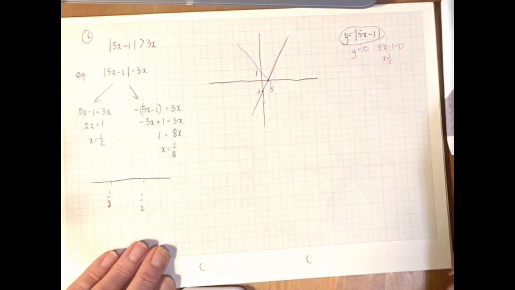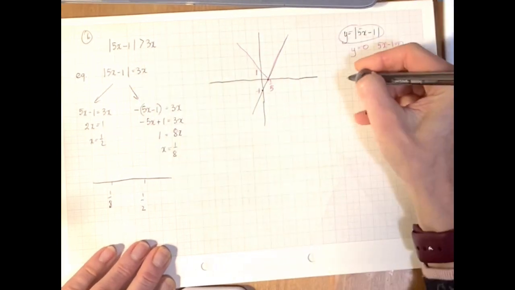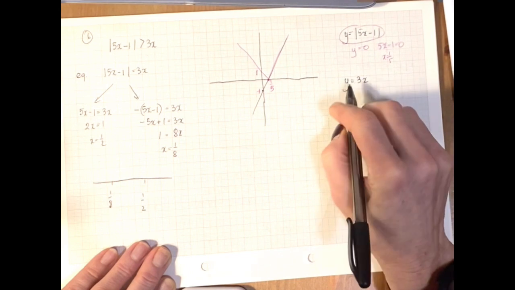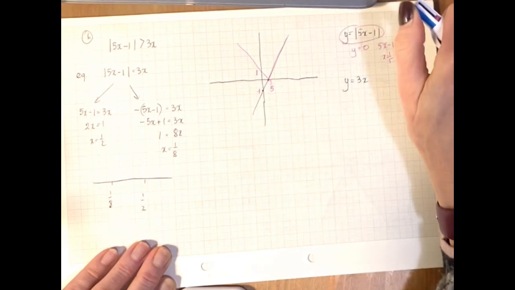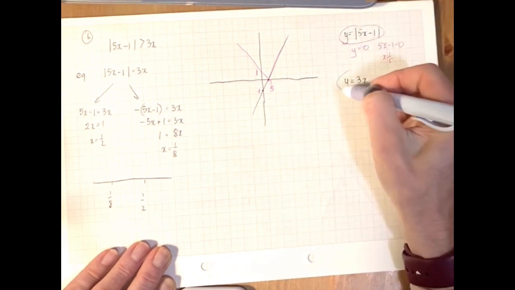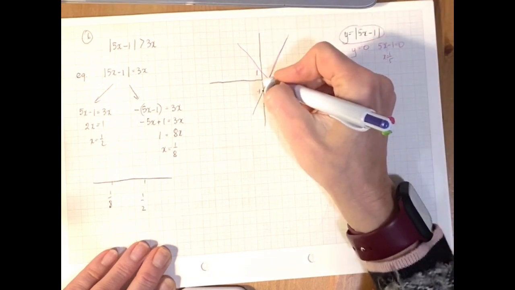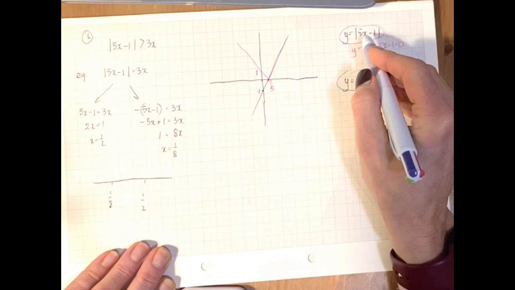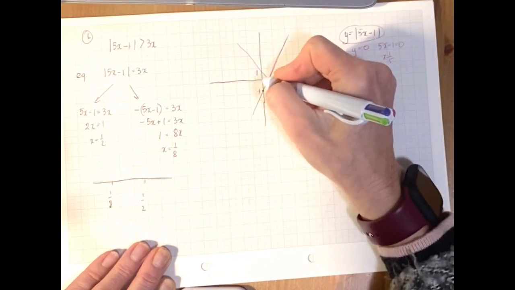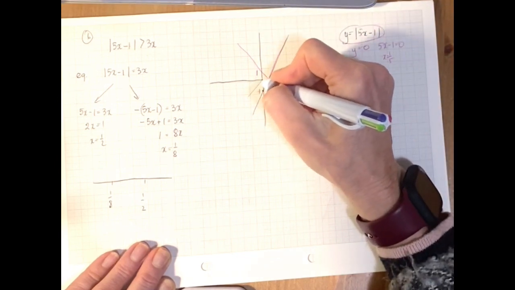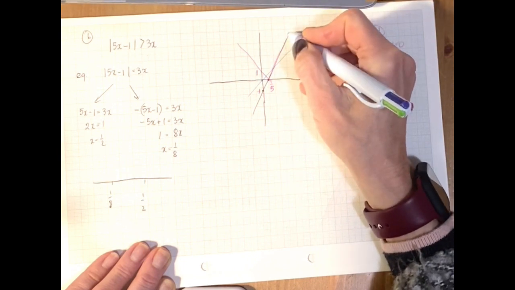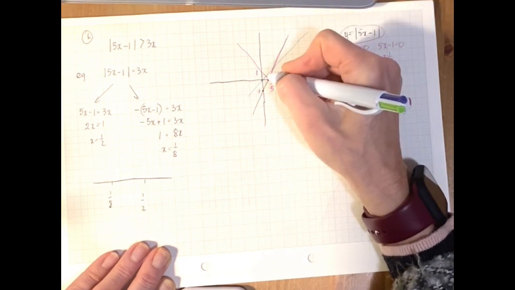And the second equation we're going to sketch is y equals 3x. So the line y equals 3x, let's do this one in blue, goes through the origin. This line is not as steep as the line with a gradient of 5, so this line will intersect both branches because that's steeper than the blue line.